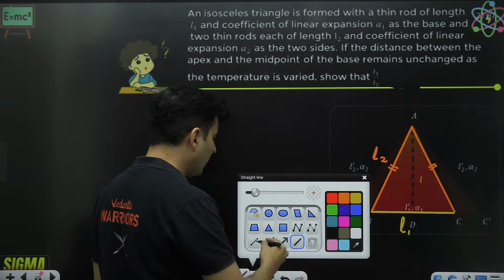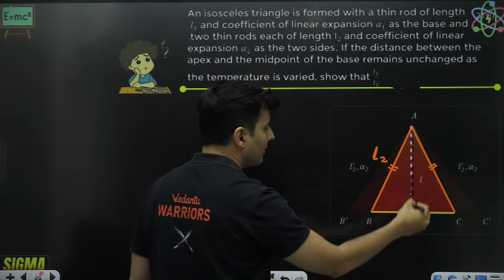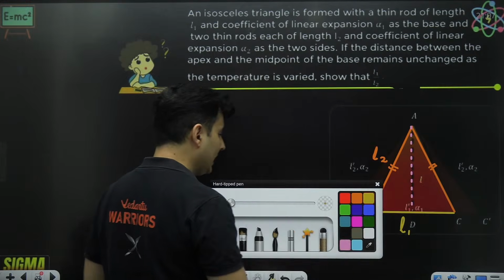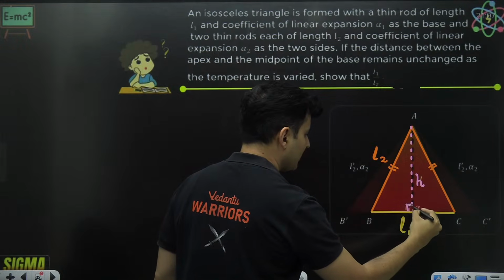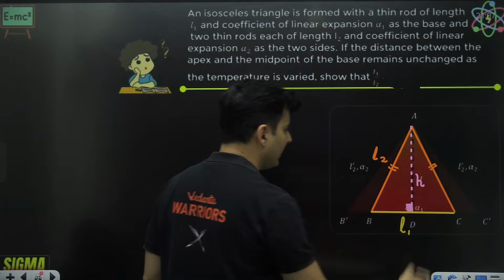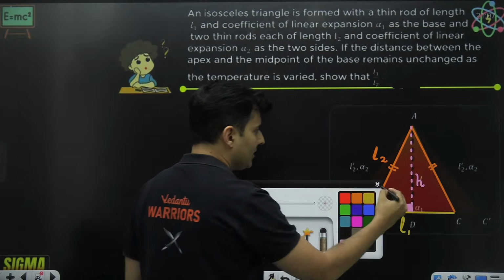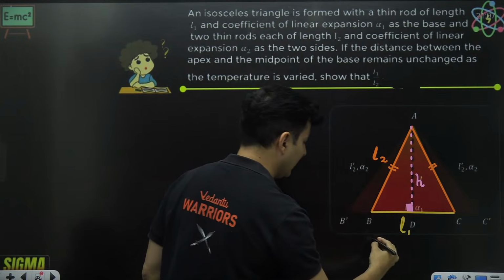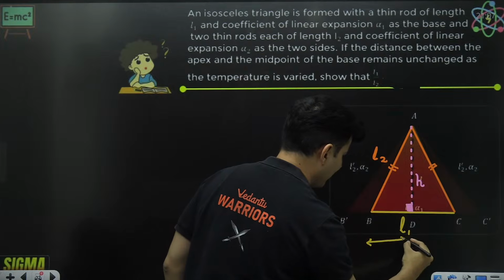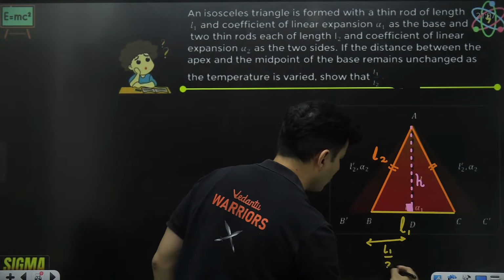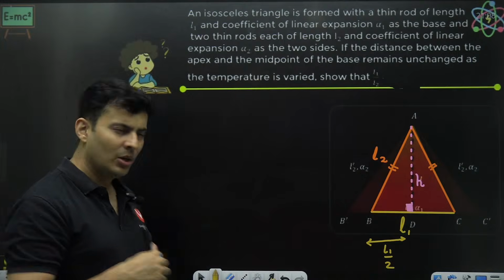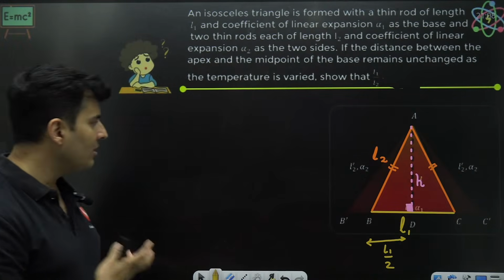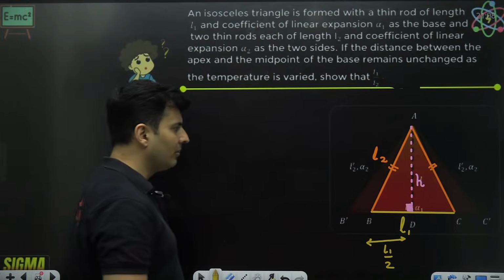Now let me draw an altitude over here. The altitude will be like this and let's say the altitude value is H. This will be 90 degrees. And there is a right angle triangle whose base is L1 by 2, and I'm tempted to use Pythagoras theorem, and you will understand why in a bit.